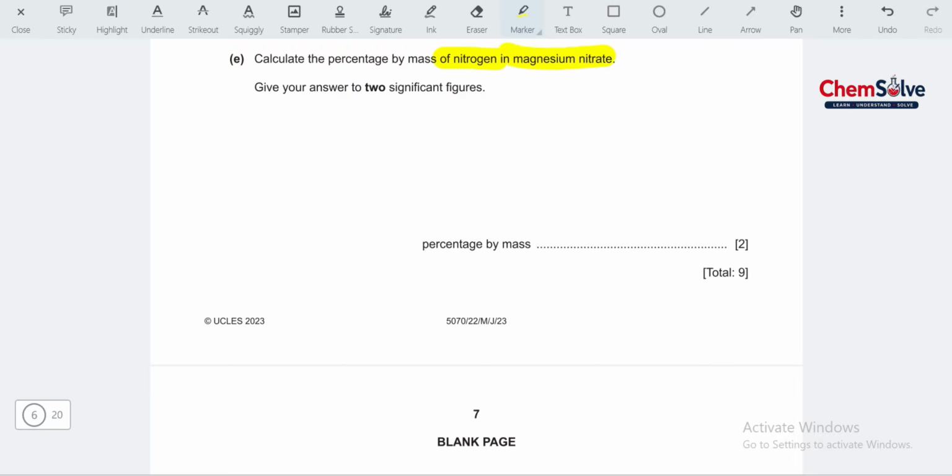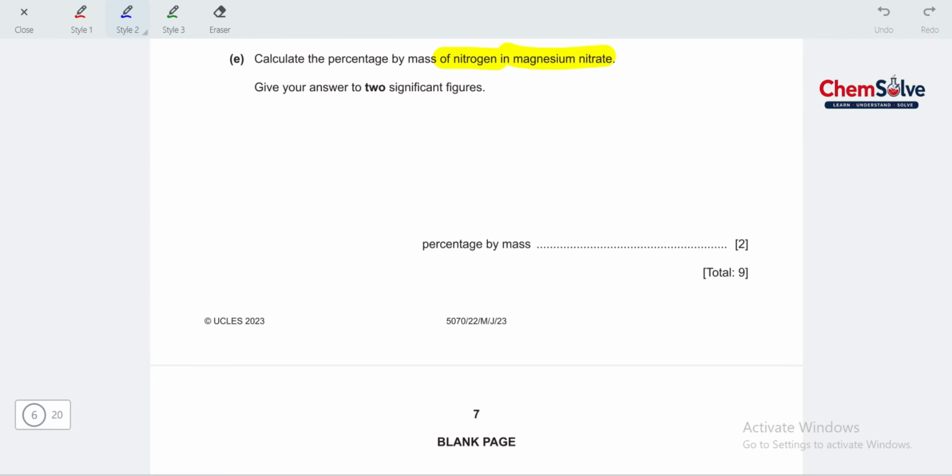So look at the formula of the magnesium nitrate first. This is Mg(NO3)2. Okay, do you remember the steps? The first step was to calculate the molar mass of the compound. So let's calculate the molar mass of the compound.